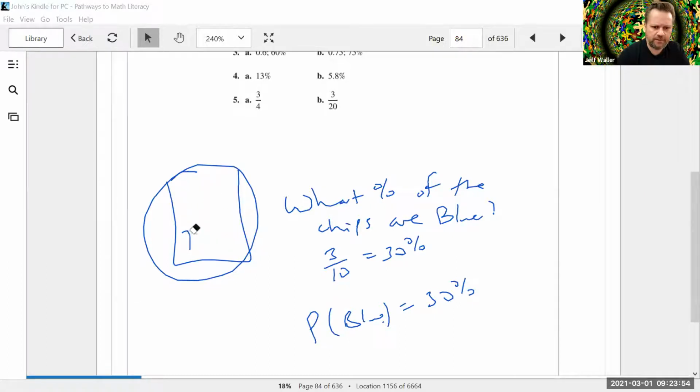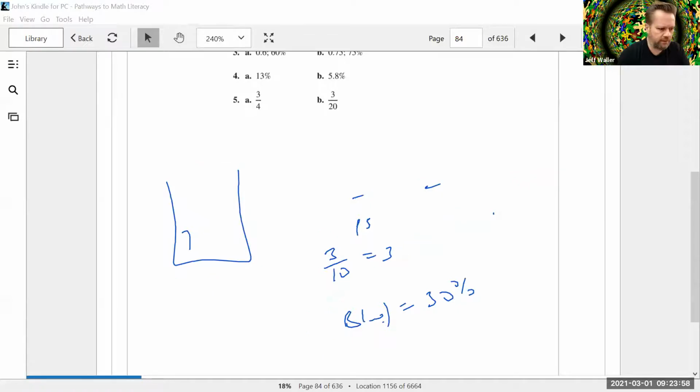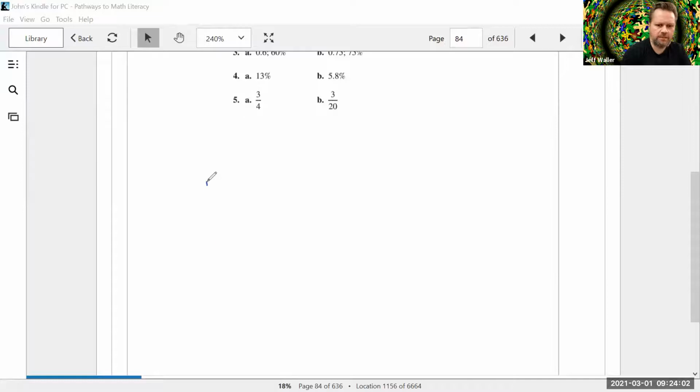Let me just clear this. Let me redraw this. So in this bag, let's say that there's 515 women in this giant bag, and then there's 485 men.